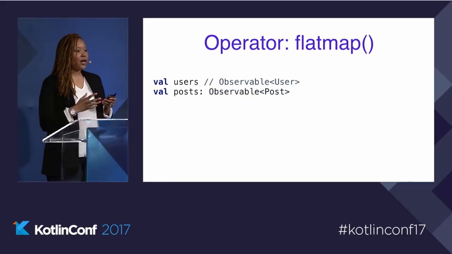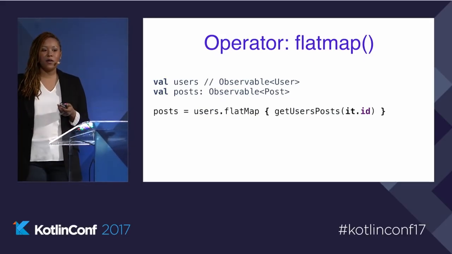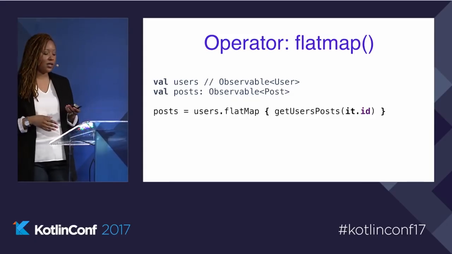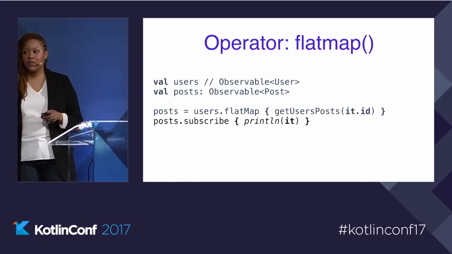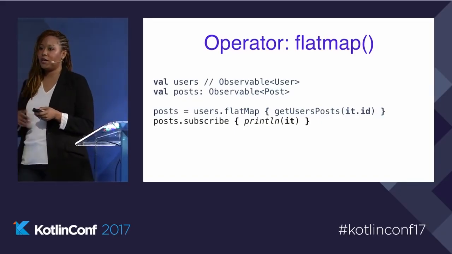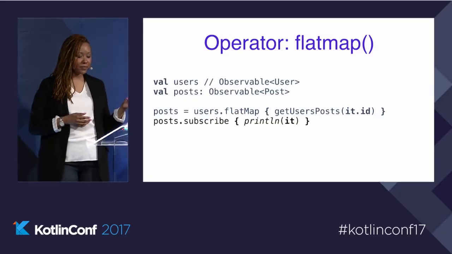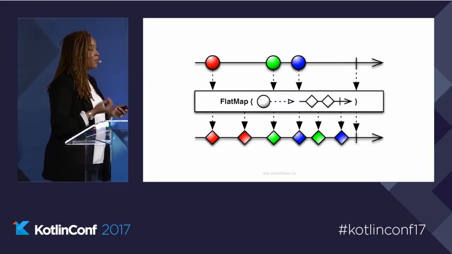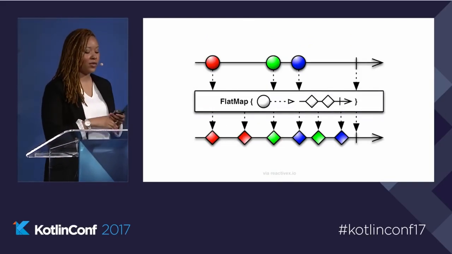You can now use flatMap to say, hey, for every single user, go off, give me all of their blog posts, and then I'll subscribe to it and just print them out. And you can think of many other applications of working with flatMap in order to do these types of things. So flatMap is super powerful, and there are many other operators just like it whenever you're working with RxJava.